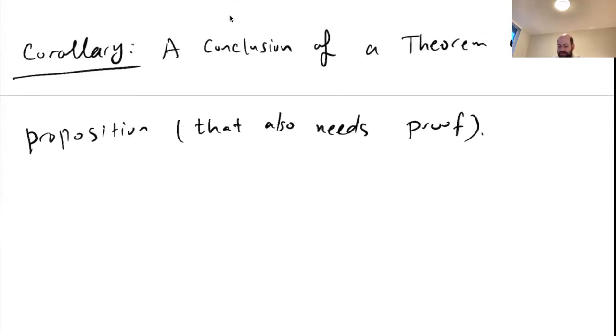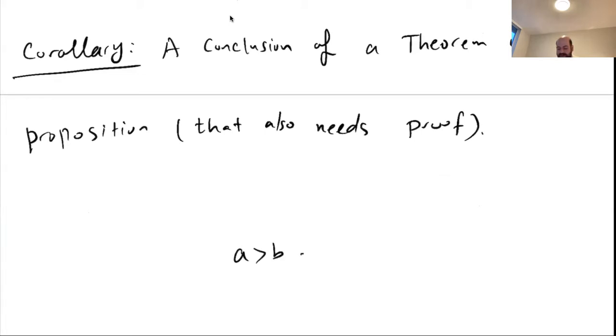For example, in pre-calculus, you saw that if A is bigger than B, then A plus C is bigger than B plus C. This one you call an axiom. Axiom means you don't need to prove it, you just accept it. But the number of axioms is very limited. In each topic in mathematics, we have only a few axioms, maybe two or three, and then we can prove everything else using those axioms.